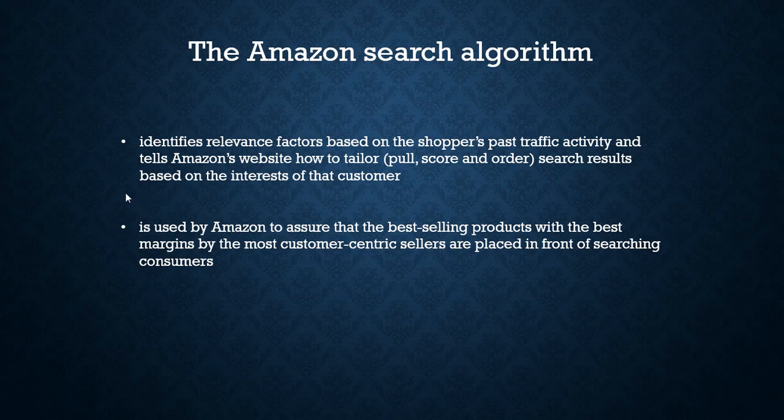So the second point, the Amazon search algorithm is used by Amazon to assure, and this is important, that the best-selling products with the best margins by the most customer-centric sellers are placed in front of searching customers. So what does that mean? Amazon wants to make money, and then they want to advertise products of sellers that care about the customer.